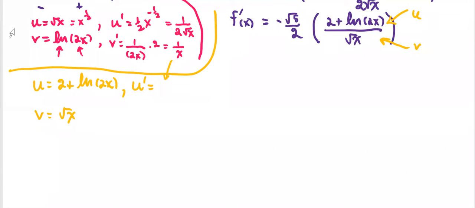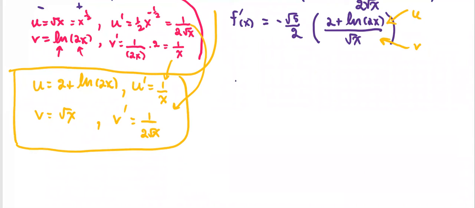See, if you keep track of things, you can reuse the common parts as part of the process, so it cuts back your working time. So the u prime is 1 over x, and the v, which is square root x, has v prime 1 over 2 square root x here.